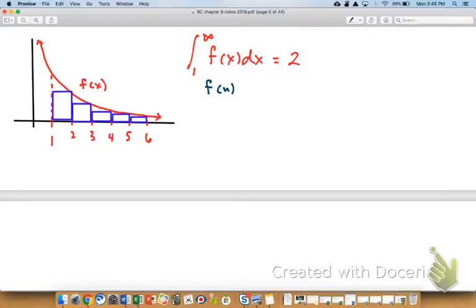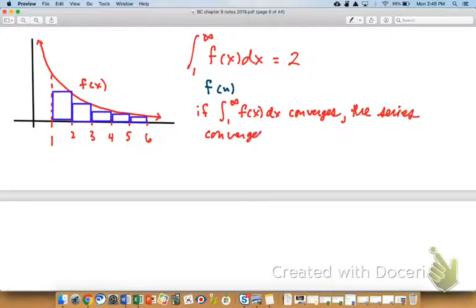So if I told you something along the lines of, if the integral converges, the series converges, could you buy that? Yes. If the integral converges, the series converges.